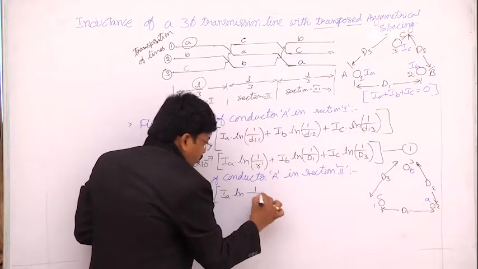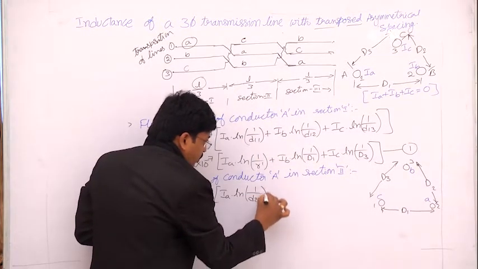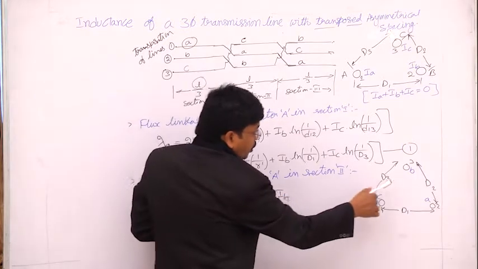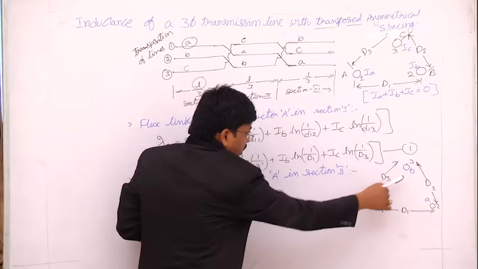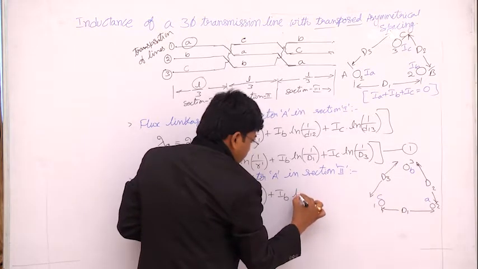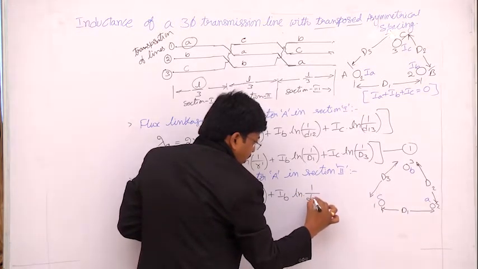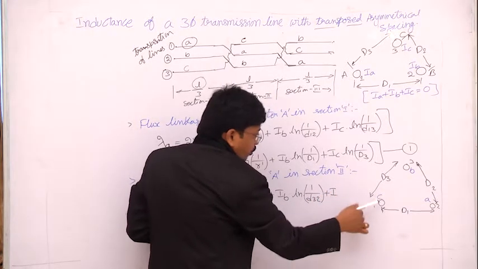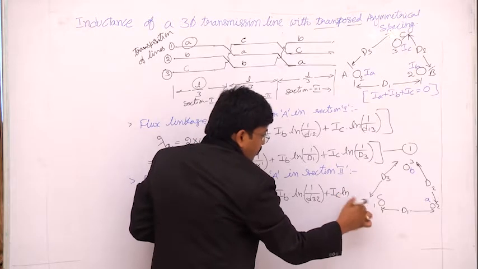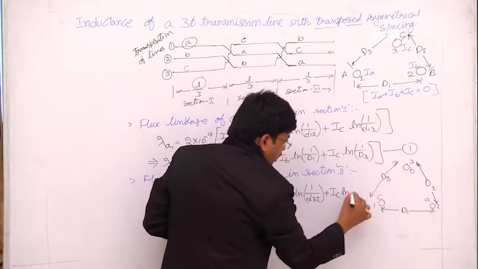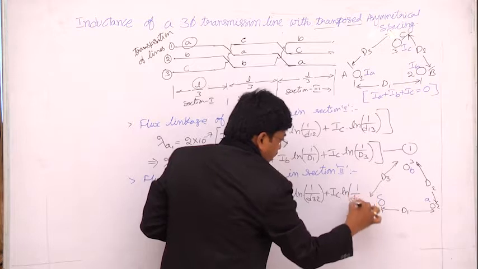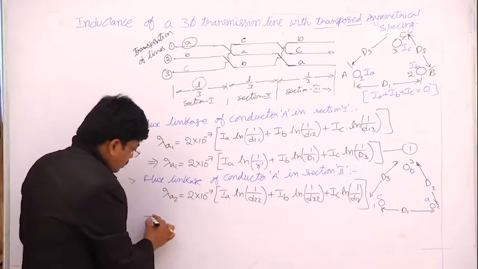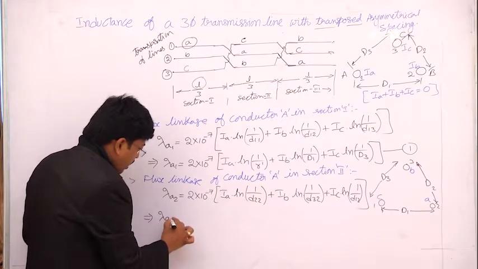So here the own distance D22, plus the flux linkage due to phase B current, that is position 3 to position 2, IB into logarithm of 1 by D23, plus the flux linkage due to phase C current, that is IC into logarithm of the distance between conductor 1 and conductor 2. Okay, clear?